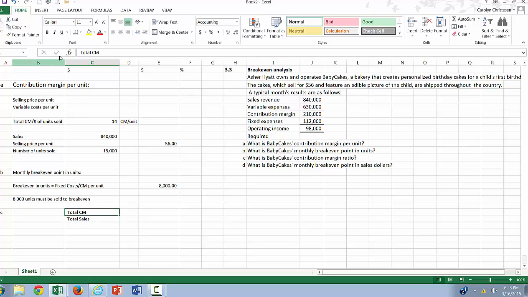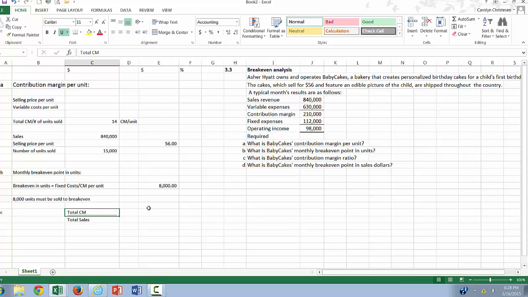Our total contribution margin is equal to 210,000. Our total sales, 840,000. So this is equal to 210 divided by the 840, and we get 25%.